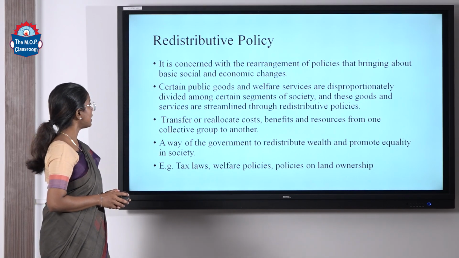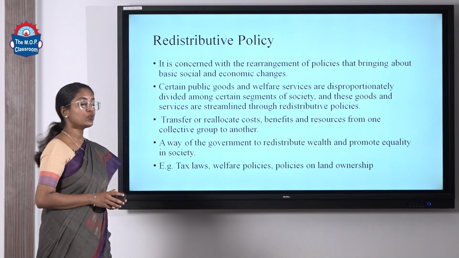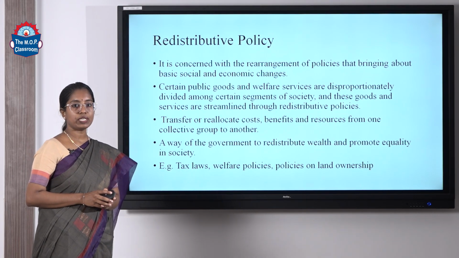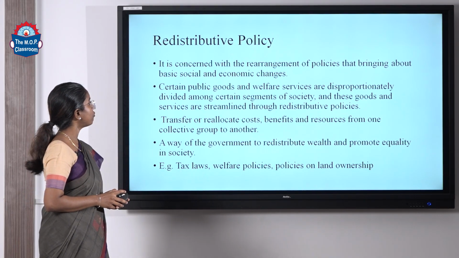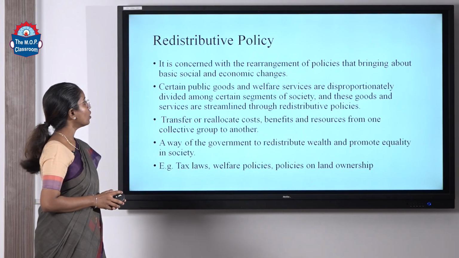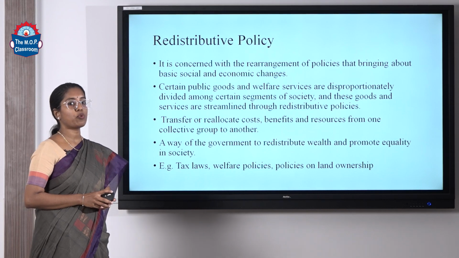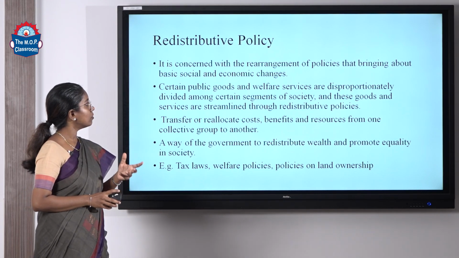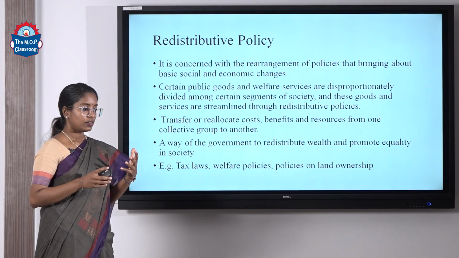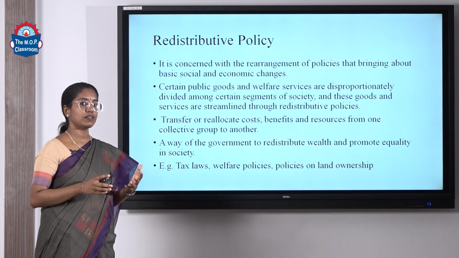All these goods and services are streamlined through redistributive policies. In simple terms, this is something to reduce the disproportionate distribution of public resources in the society.